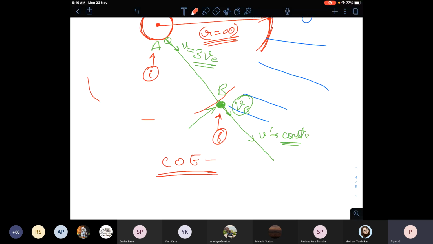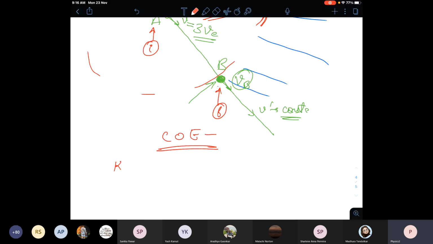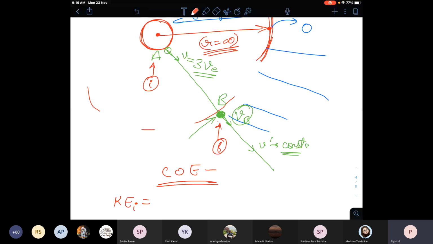So again, just tell me, what should I write as the initial kinetic energy? Assume the mass of the satellite to be small m and the mass of Earth to be me, and the radius of the Earth to be RE.